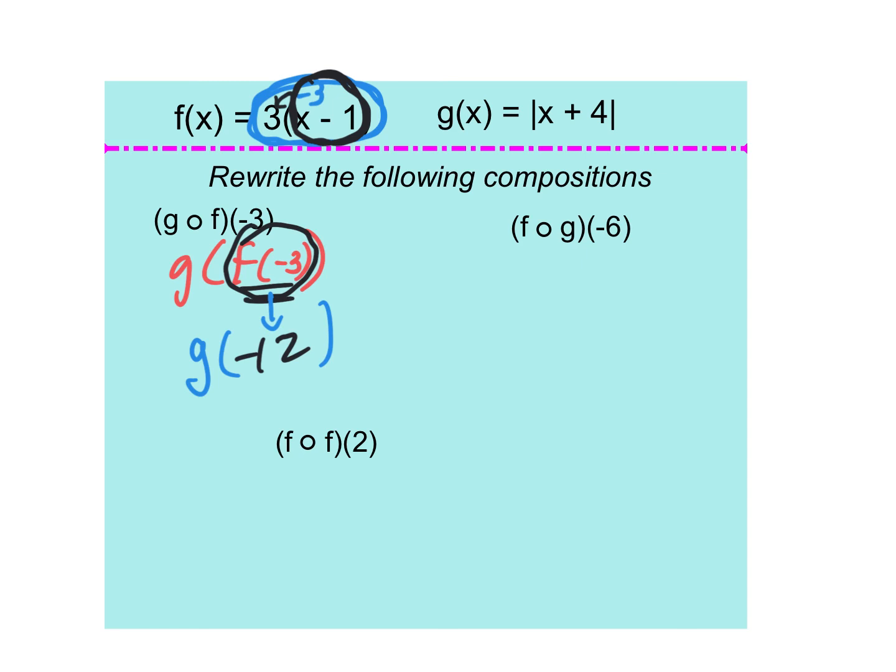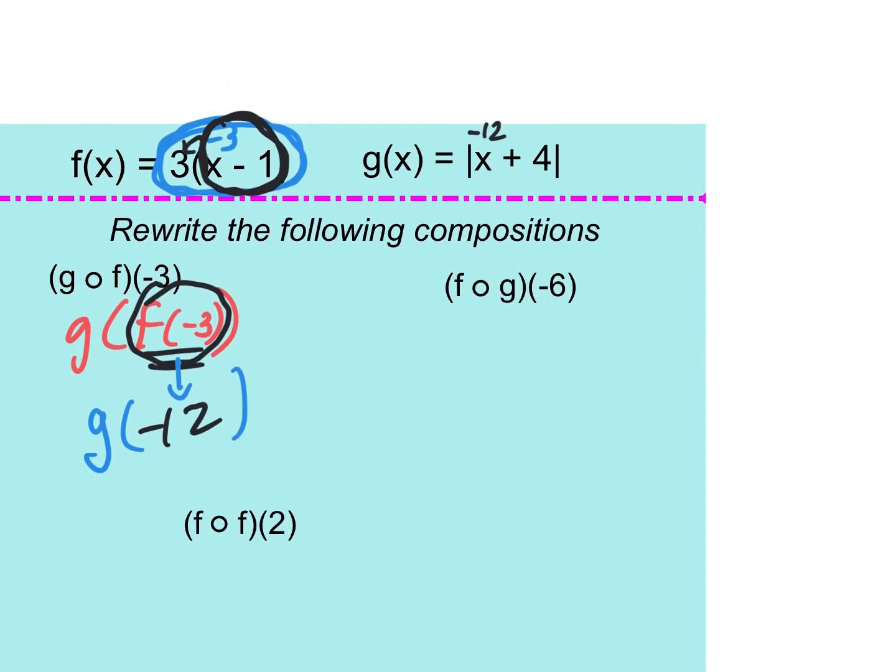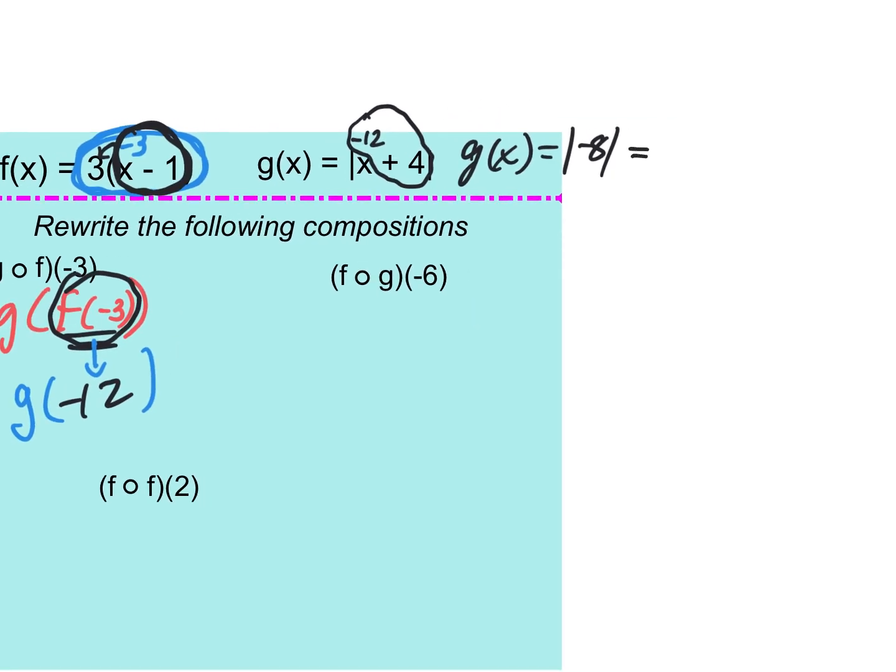Negative 12 plus 4. You're putting it right here, I think, right? Yeah, so you get g of x is equal to, this is called the absolute value of, and so the final answer you said is 8. You are correct. Nice job. The answer for that one is 8.